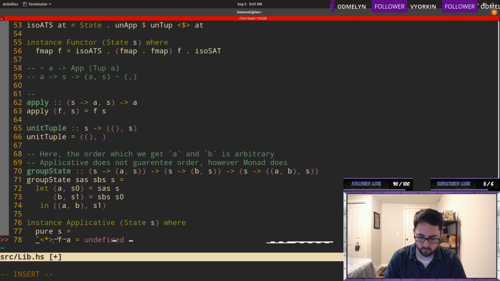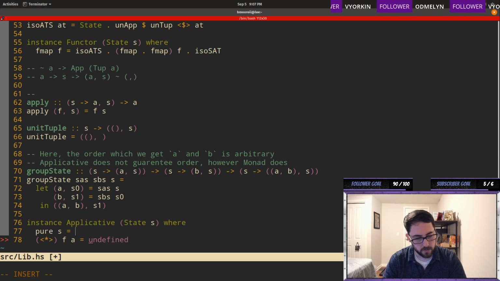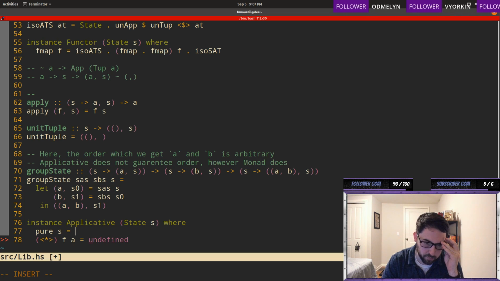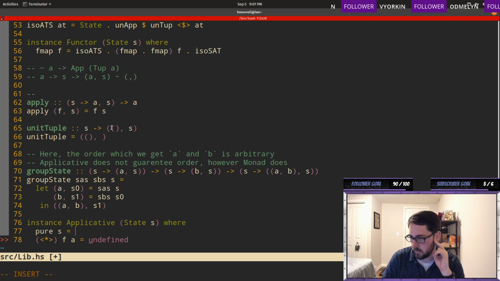Wait, what am I doing? I'm just trying to get that instance written, so I don't have to worry about this. Okay, so for pure, it was suggested that we need, what do we need?